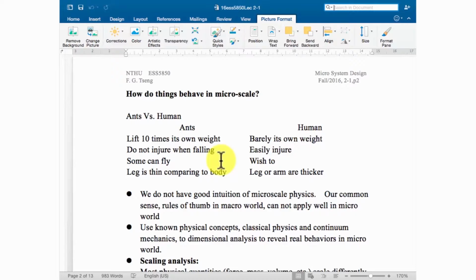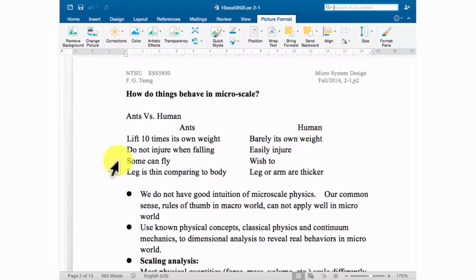But for humans, if you jump from here, what will happen? There will be a serious problem. You get a serious leg break or maybe your life is threatened. So when falling, the ants have no problem, but humans are easily injured.